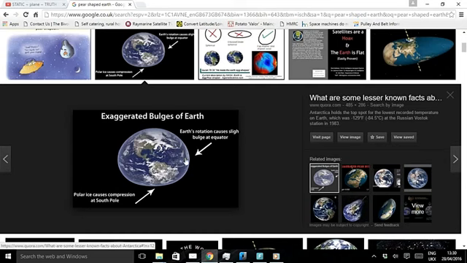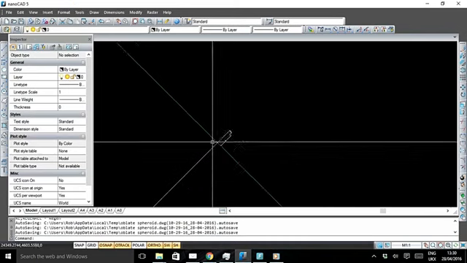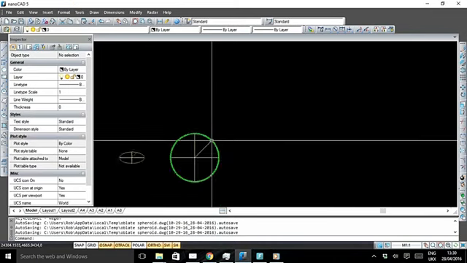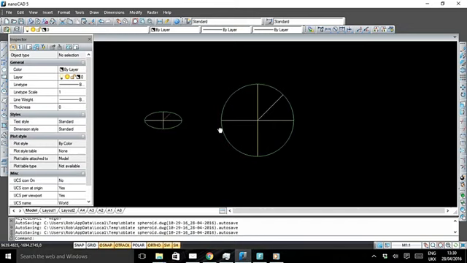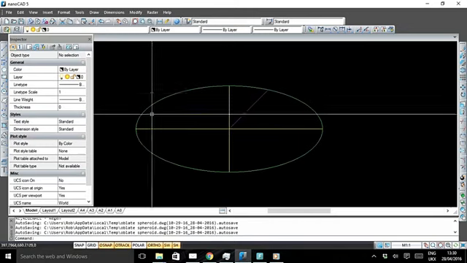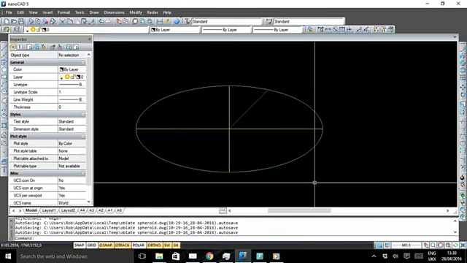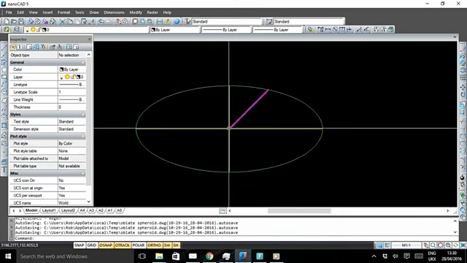In fact, anywhere along the surface of this pear-shaped object, the centre is at a different point. At least with the oblate spheroid, no matter how pronounced, like this one for instance, we can still find a centre point just here.